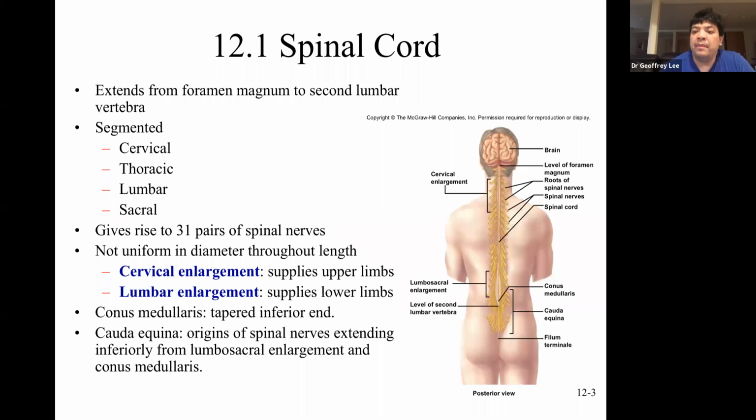At the same time, spinal nerves also carry sensory signals in. Again, just like a superhighway, you need exits and you need entrance ramps. Well, the spinal nerves are your entrance and exit ramps.